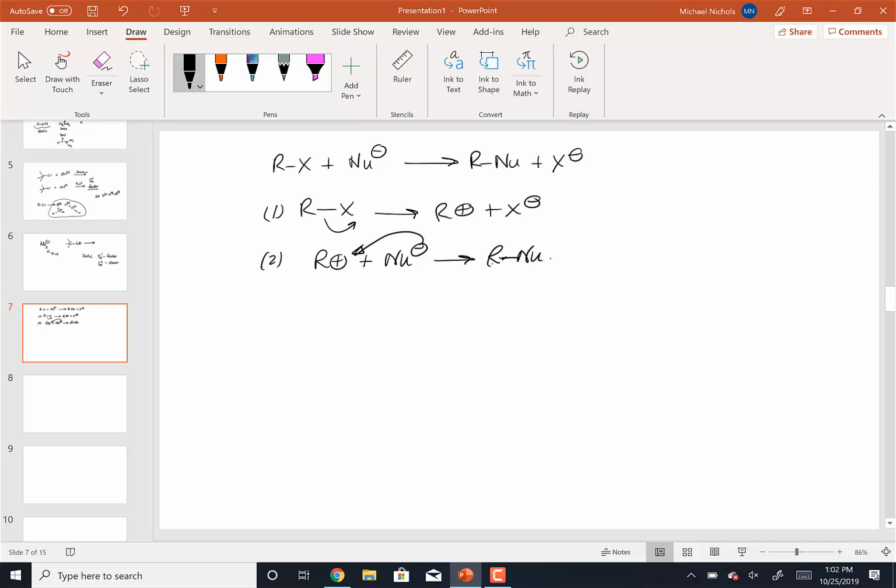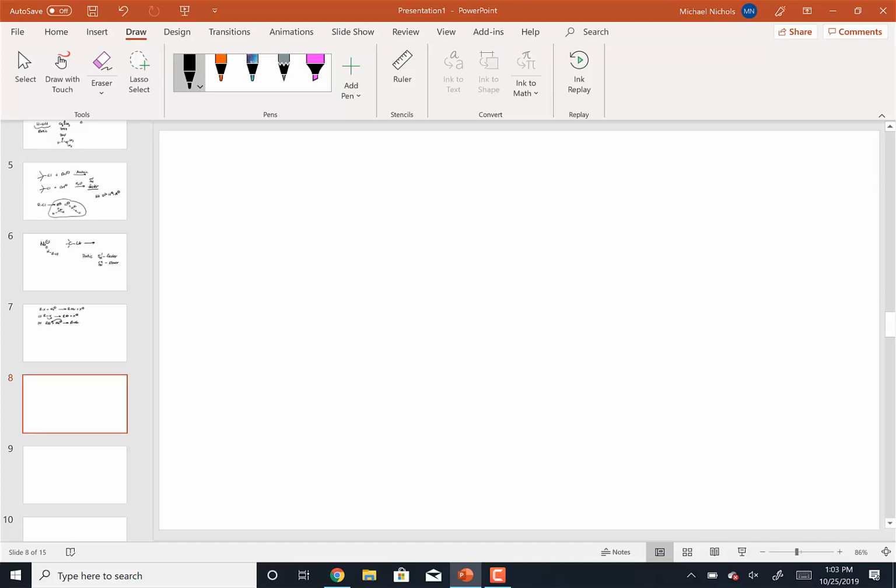So we want to do the mechanism, because there's an additional step in here for reacting an alkyl halide with a neutral nucleophile like water. So let's take something like isopropyl chloride and react it with H2O.